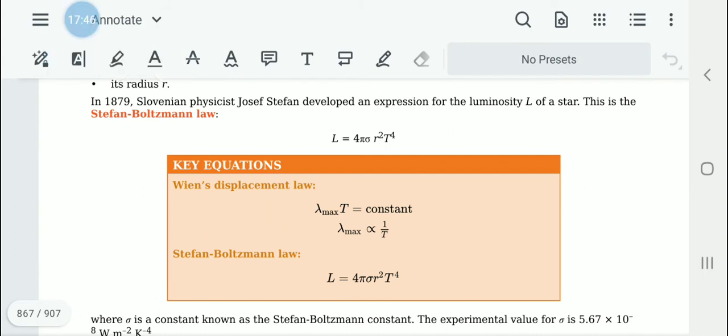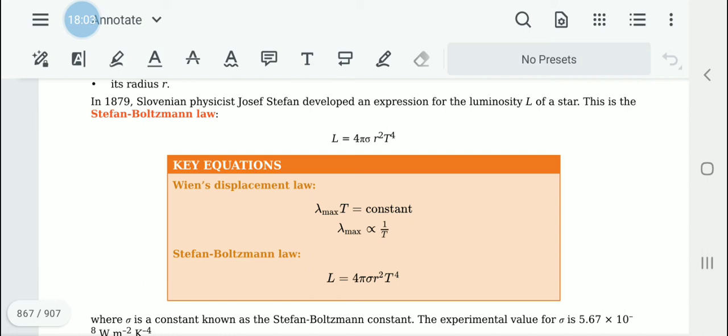So this law known as Stefan Boltzmann law was developed, and this is for the luminosity of a star. So the equation is L equals 4 pi sigma r squared T to the power 4.